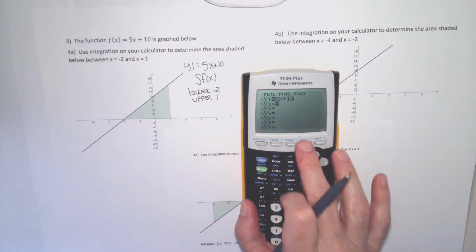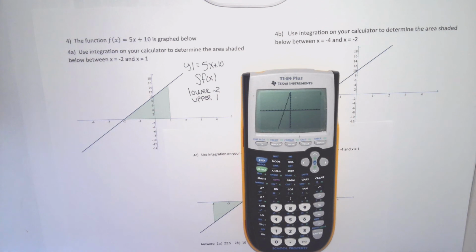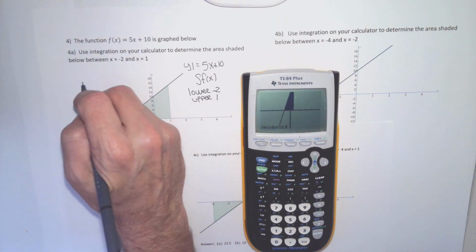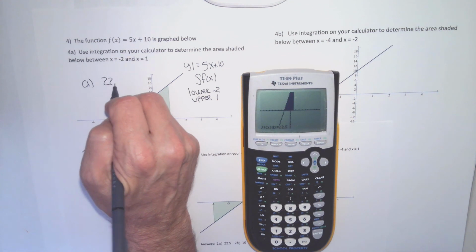And then second calc, option 7. The slope looks different on the line because my window is different, but it doesn't matter. My calculator doesn't care if the windows aren't matching up. This area right here, the answer to part A, the triangle that's pictured there, has an area of 22.5.